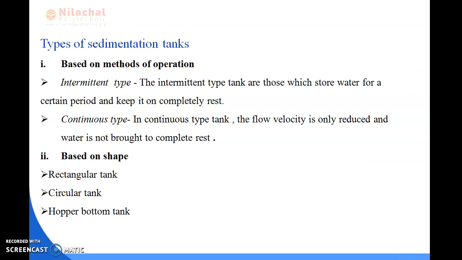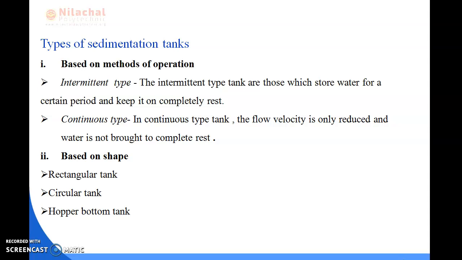So next we will be discussing the types of sedimentation tank. They are based on two things: first the method of operation, and second the shape. Based on the method of operation, that is how the sedimentation tanks operate, there are two types: intermittent type and continuous type.